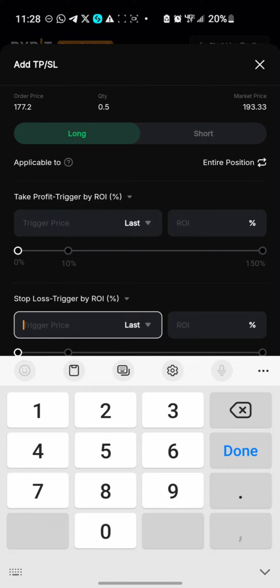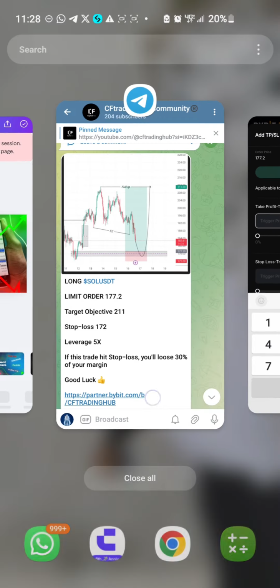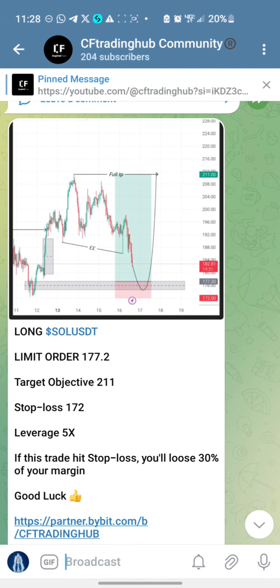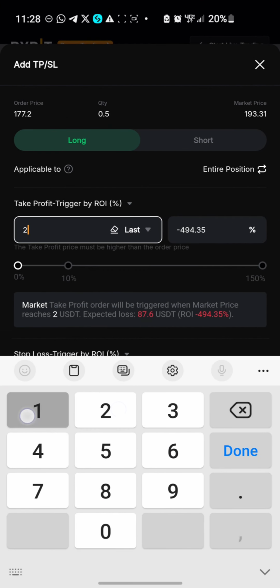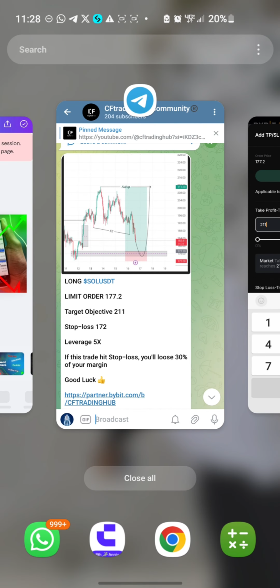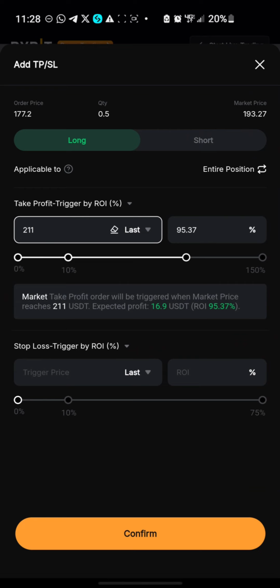So let me input the take profit price, which is 211, and then the stop loss is 172.